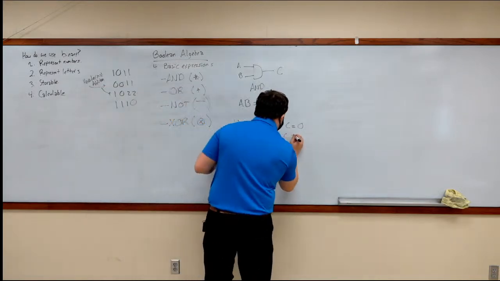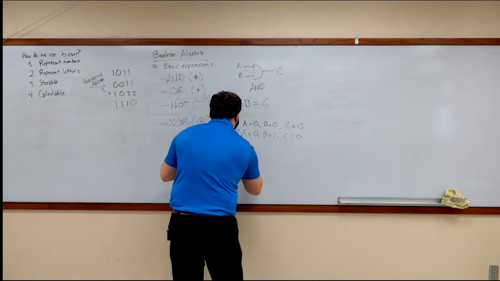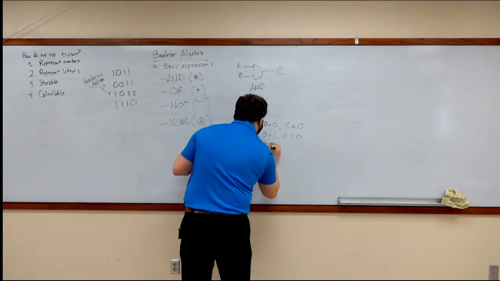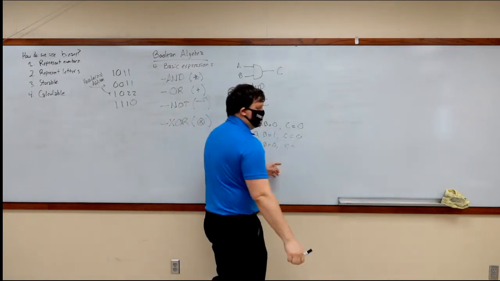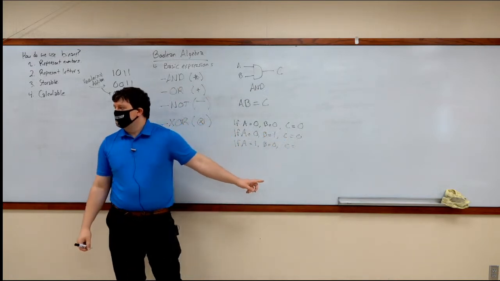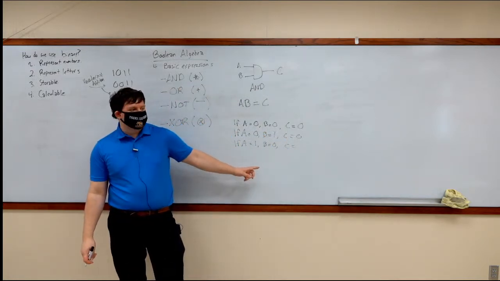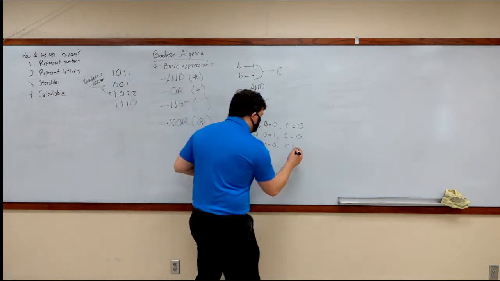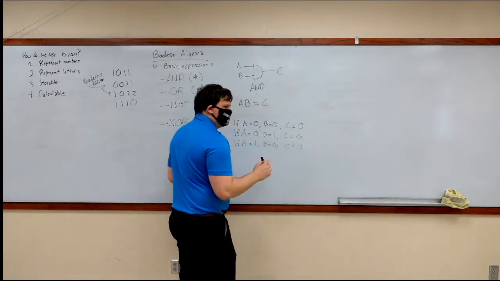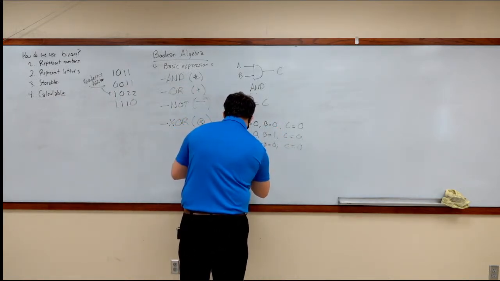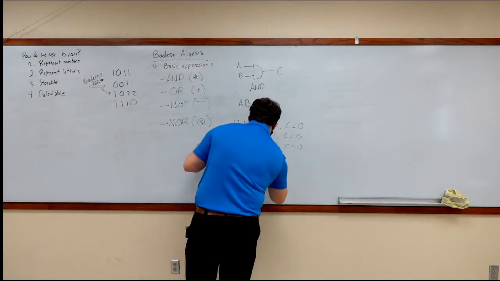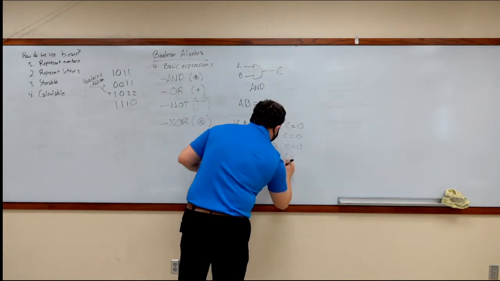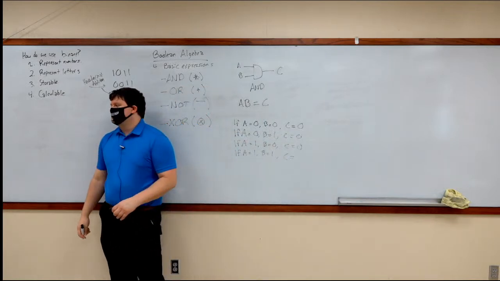It's equal to 0. If A is equal to 1 and B is equal to 0, what is C equal to? It's 0. Is that what you said, Gabby? Yeah, that's what I thought. If A is equal to 1 and B is equal to 1, what is C equal to? 1.